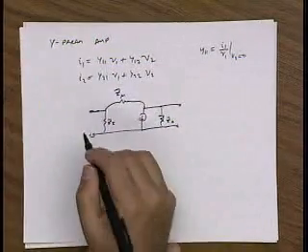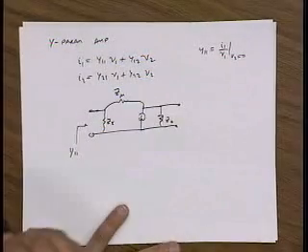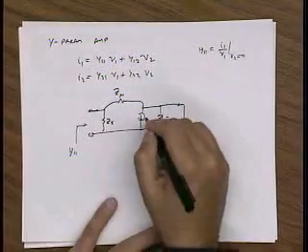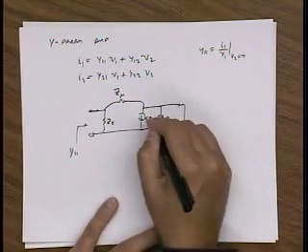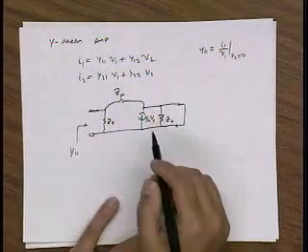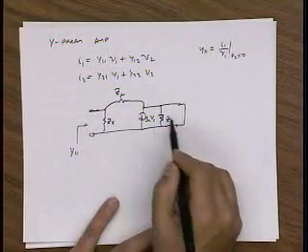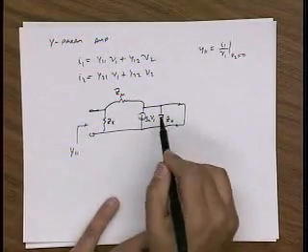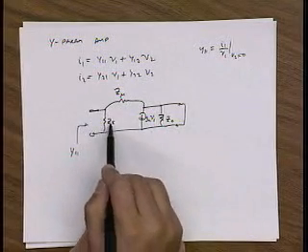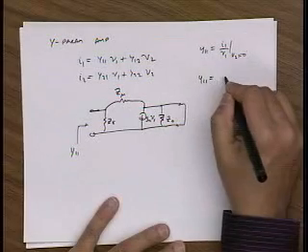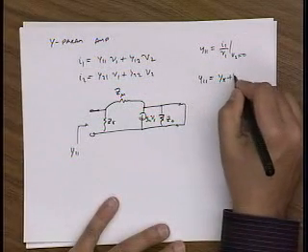Then Y11 is just the input admittance when I short the output. If I short the output, then this control source goes out. It's basically shorted, right? And so then what I see is Z pi in parallel with Z mu. So Y11 is Y pi plus Y mu.